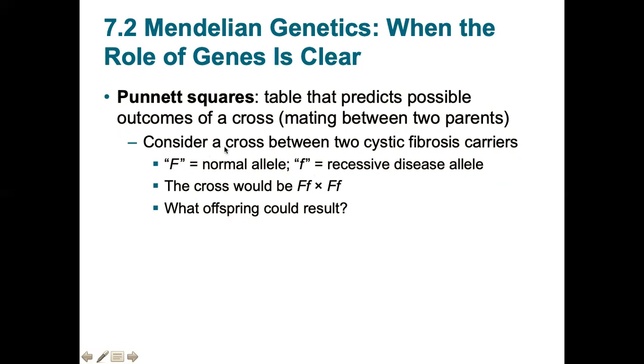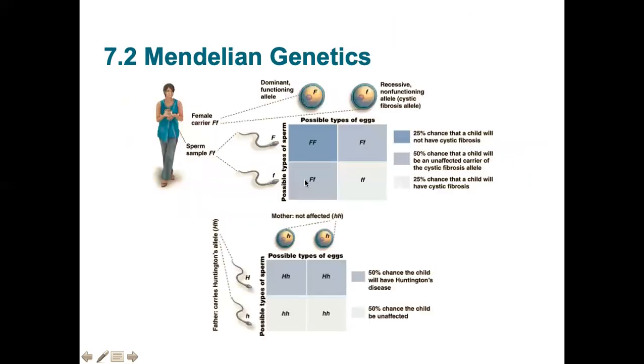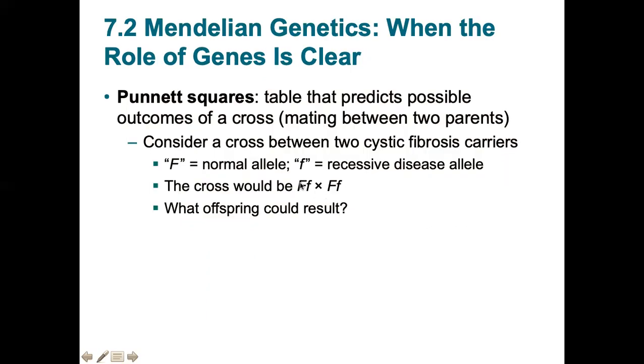And so if a person is homozygous, they would have capital F. And if a person was recessive, they would have lowercase. And in this case, here with a capital and a lowercase, that person is heterozygous. They have two different alleles. And because the dominant one, which we put as capital, is for not having cystic fibrosis, this person would not show cystic fibrosis.